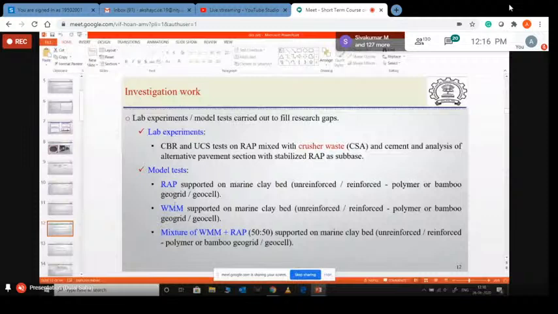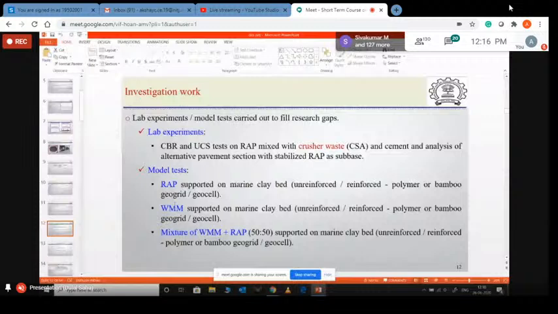And then we tried to find out these two strains: the horizontal tensile strain at the bottom of the bituminous layer, and the compressive strain on the top of the subgrade layer, because these are the two critical parameters for pavement design as per IRC 37. Besides the thickness, various parameters we have taken like this.